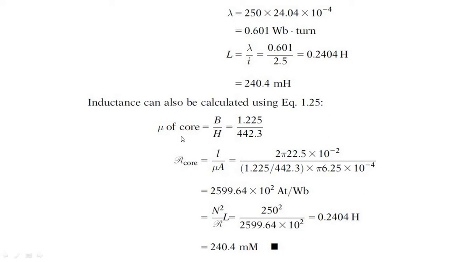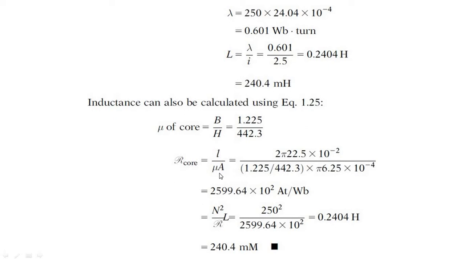Then mu is equal to flux density divided by magnetic field intensity. The flux density is already mentioned, so now we have to find out the magnetic field intensity. The next formula, reluctance of the core, is L divided by mu into A. L is already 2 pi r, 2 pi into 22.5 into 10 to the power of minus 2.